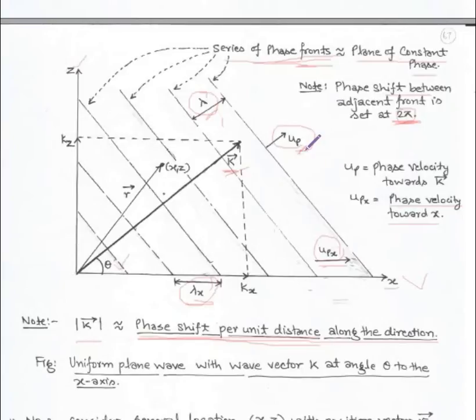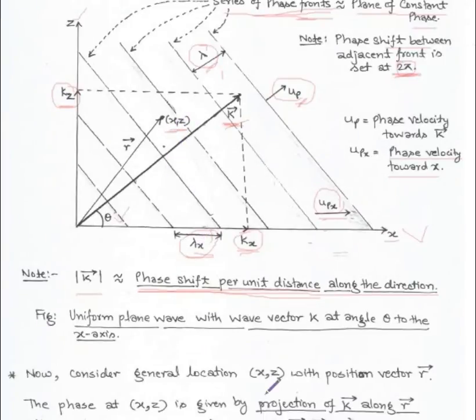Now on this xz plane, the Poynting vector k vector has two components. One component along the x-axis and the second component along the z-axis. So the component along the x-axis is k suffix x and the component along the z-axis is k suffix z. Now we consider a general point or location on this xz plane, that is on a phase front.